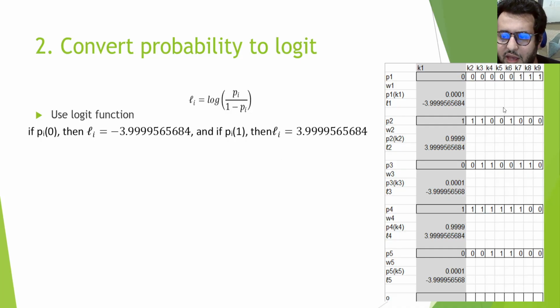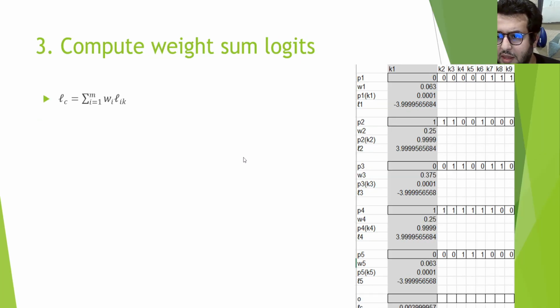Okay, and we have also updated the sheet so we can track the progress. Now we will sum the logits that we just calculated, but we'll also multiply each one by its corresponding weight. So like we saw before, it will be W1 multiplied by this logit, plus W2 multiplied by this logit, plus W3 multiplied by this logit, etc., etc. And so the sum of the logits is this number here at the bottom.